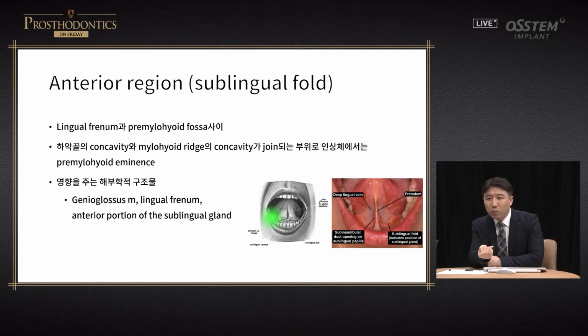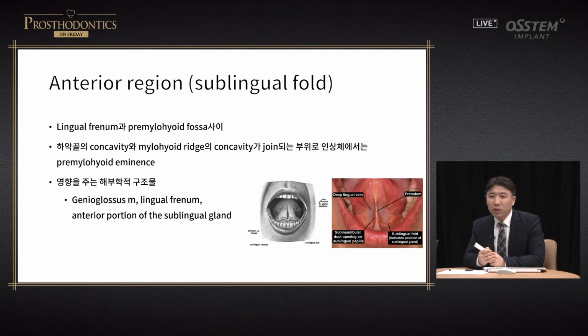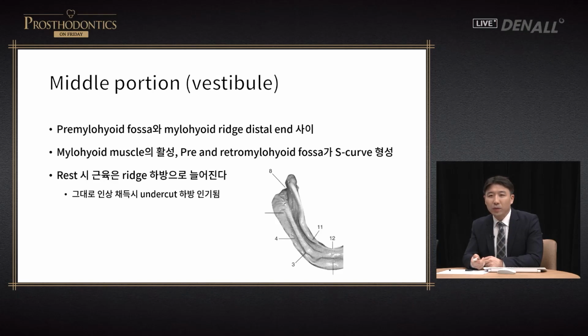There's a wrinkle that goes horizontally. The fold should be covered and seal should be maintained. This is where salivary glands are. Therefore, when we take impression on the lower lingual side, if you're conflicted, you need to check that fold in the anterior area. That is very important.